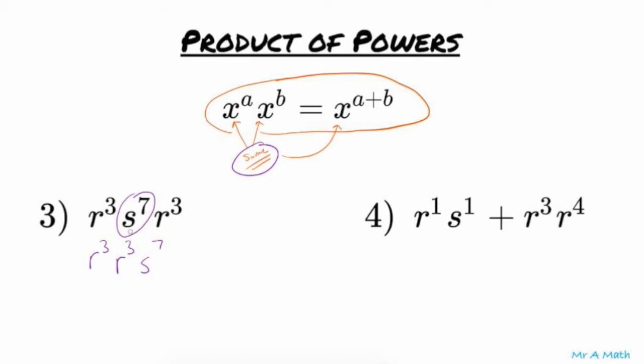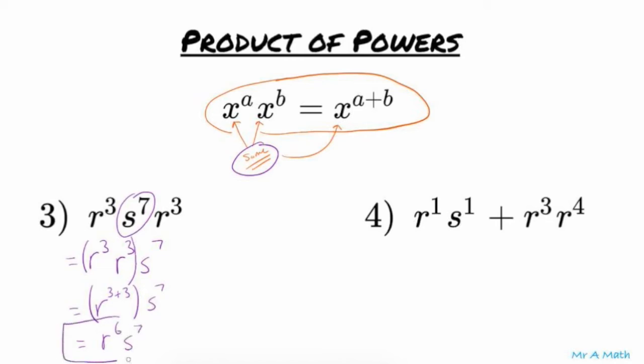Now I can use my product of powers law: r to the third times r to the third is just r to the 3 plus 3, and then s to the 7th, which means my answer is going to be r to the 6 times s to the 7.